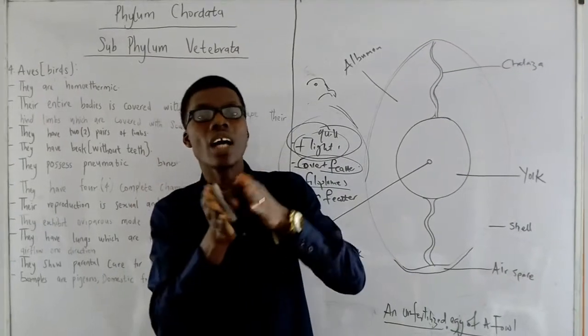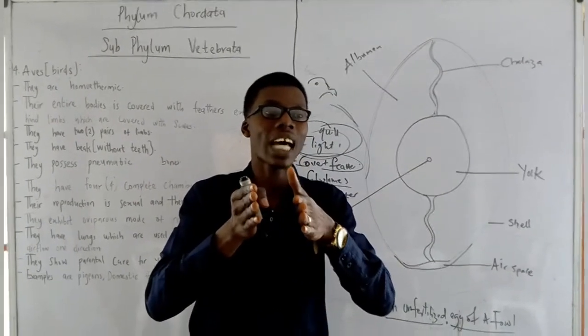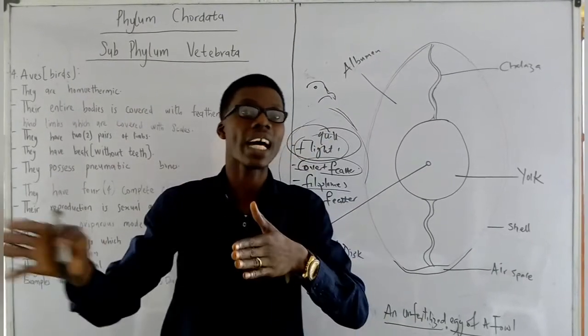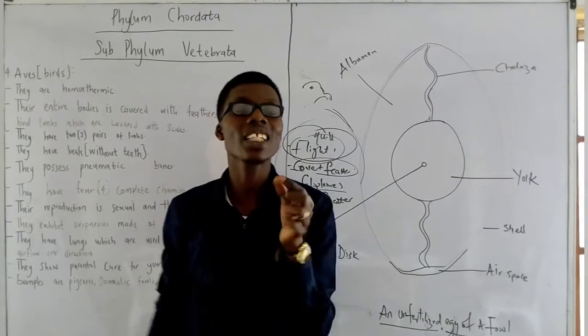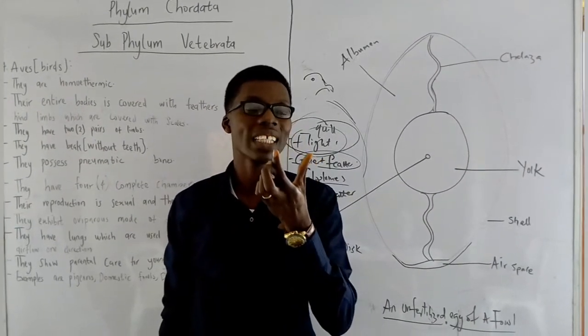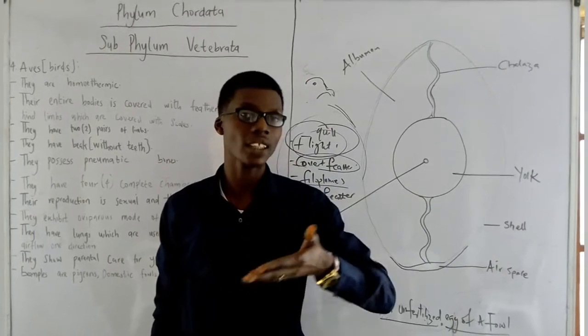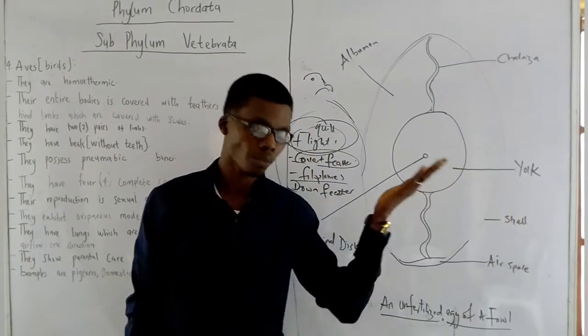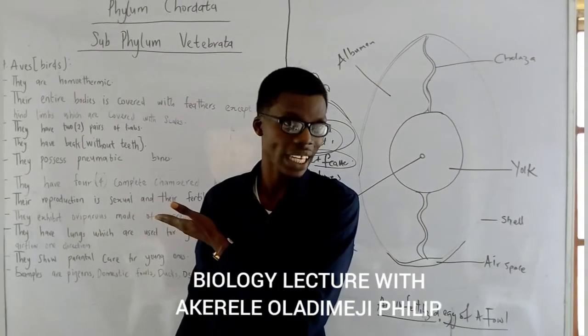Then we have this long and sharp one. That could be for a fish eater, as is found in the kingfisher. There's a bird called kingfisher. The mouth is wide and long. And when it's very short, they are seed eaters, as you find in the common household fowl and chicken.